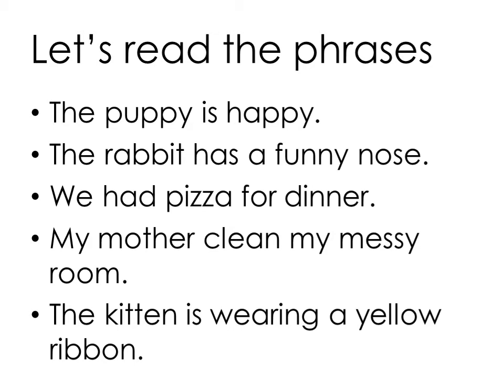The puppy is happy. The rabbit has a funny nose. We had pizza for dinner. My mother cleaned my messy room. The kitten is wearing a yellow ribbon. Now your turn to read these words. Great job!